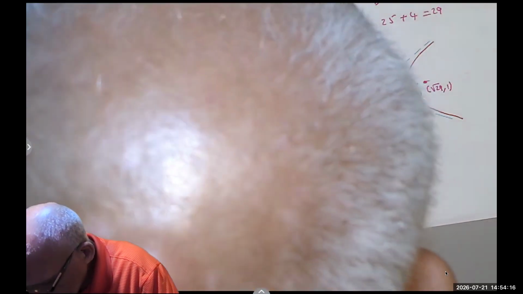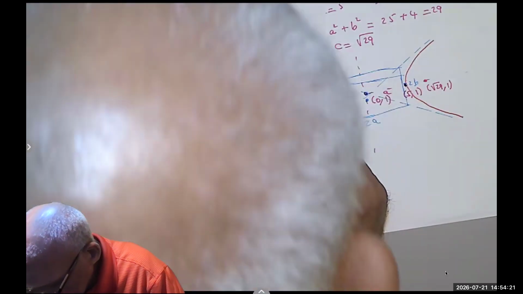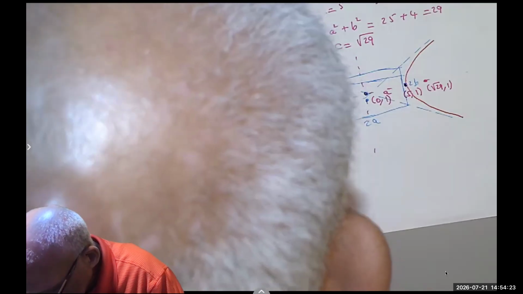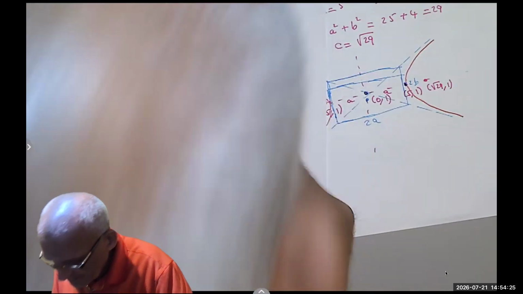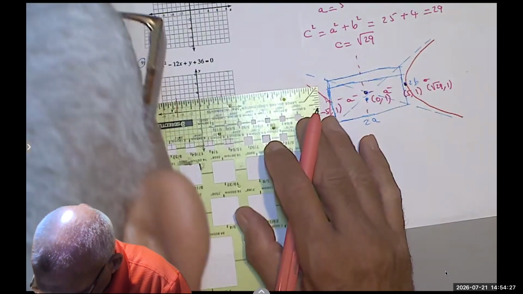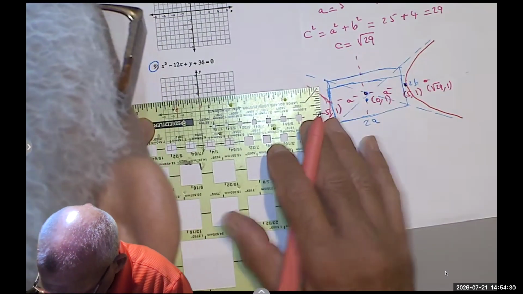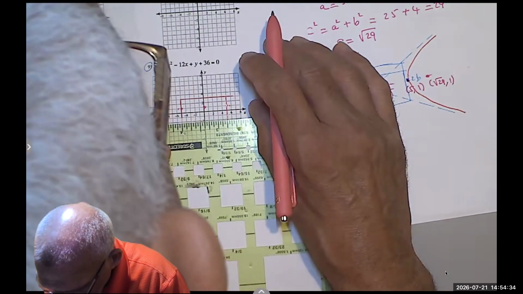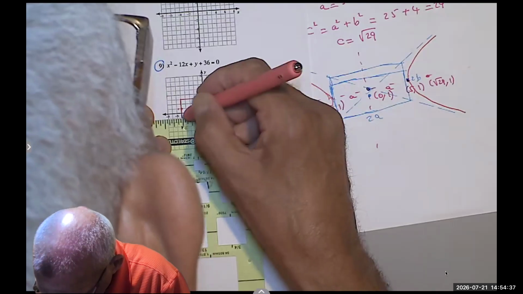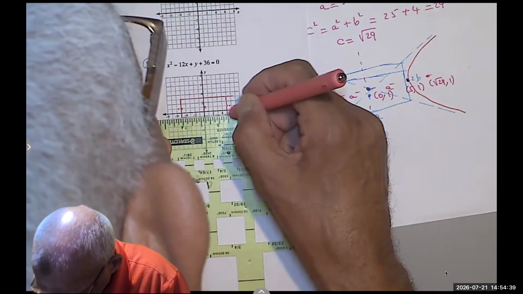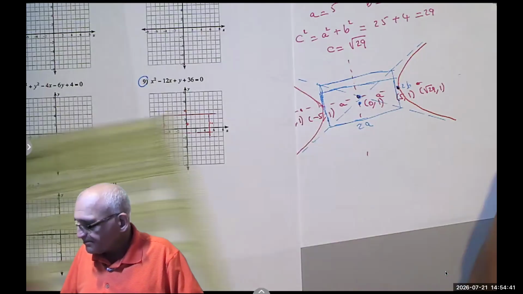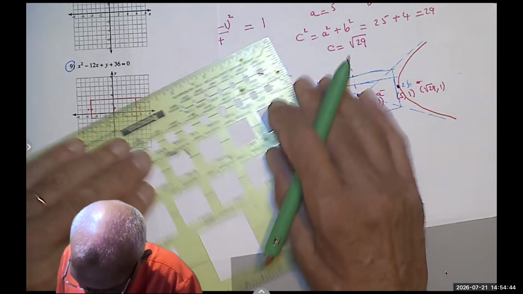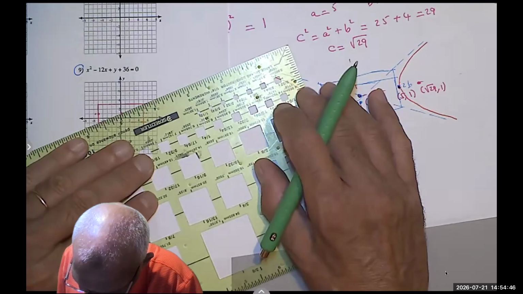So I'm going to draw 2 above and 2 below. And this is 5 to the right and 5 to the left. That's the a. Because now these are two asymptotes.